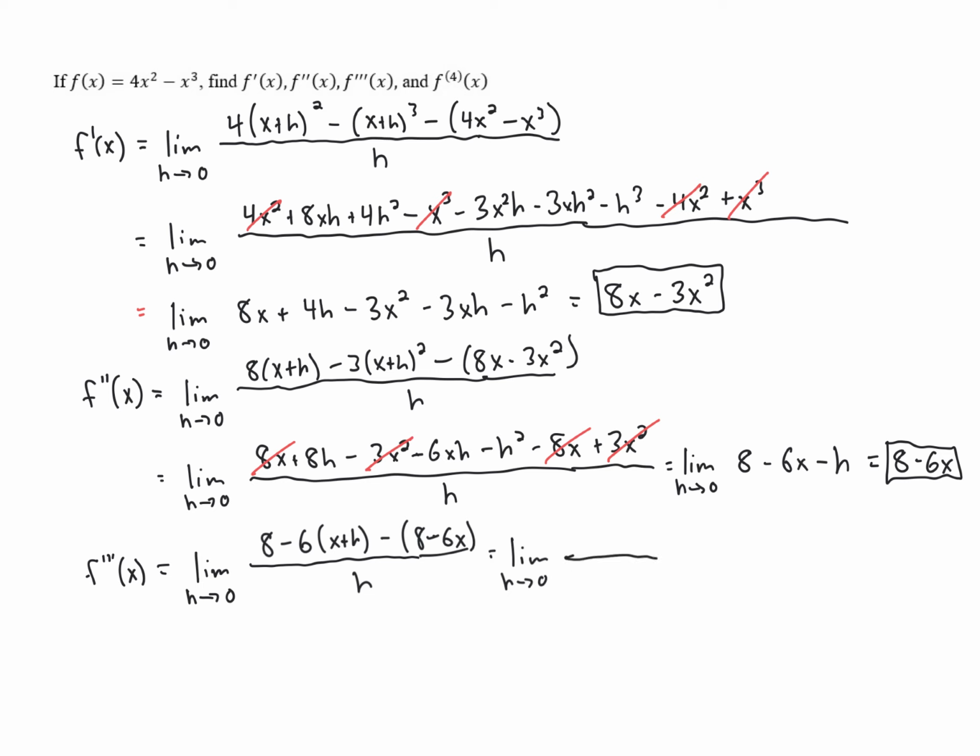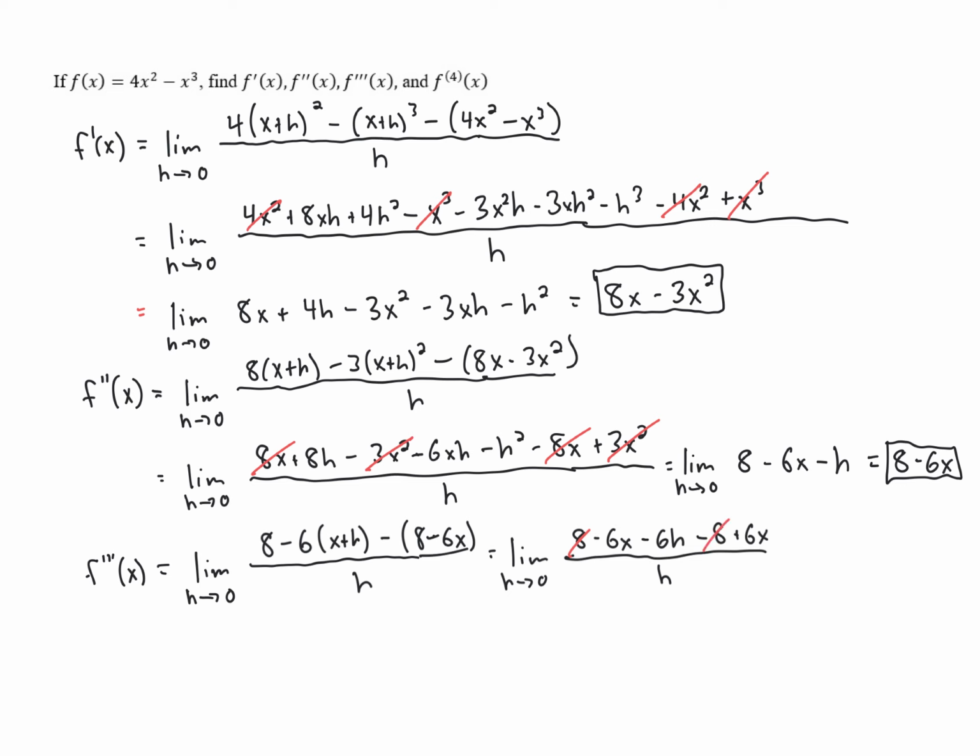All right. If we multiply things out, that's going to be 8 minus 6x minus 6h minus 8 plus 6x all over h. We play the cancellation game.